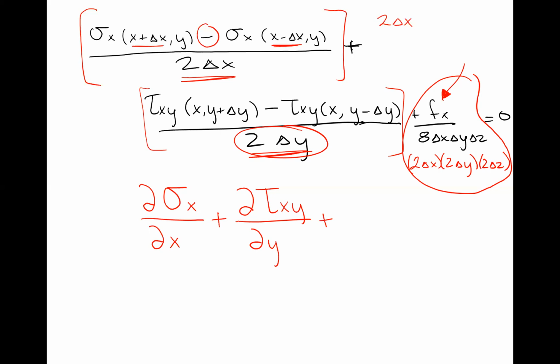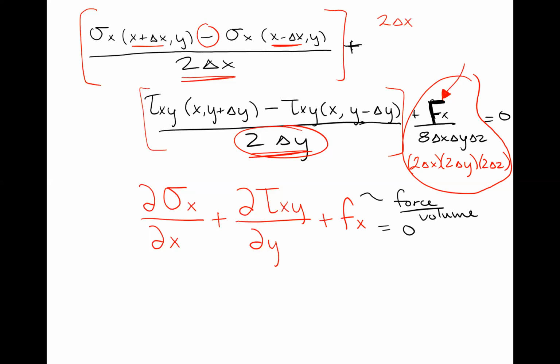So if we define our body force in force per unit volume, we can put that here. And I apologize, I'm using the same nomenclature. Perhaps the other one should have been a capital F for force. This one here is force per unit volume. And this is still equal to 0.